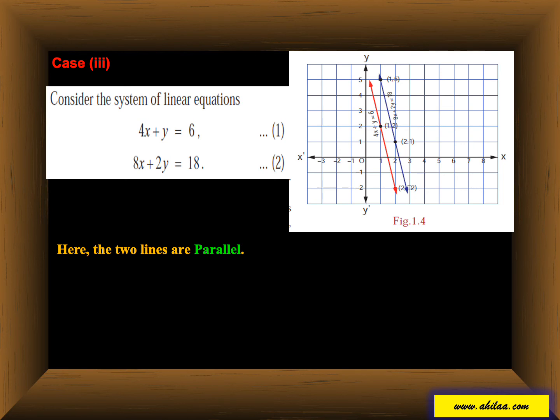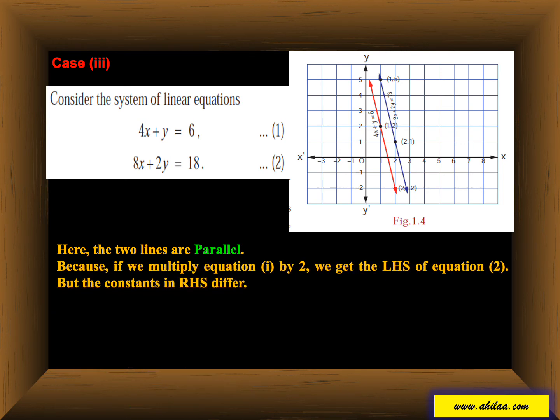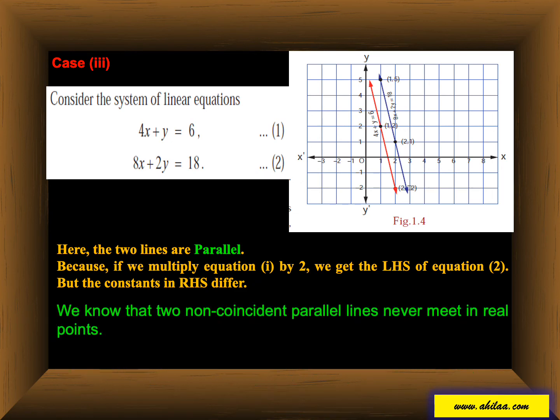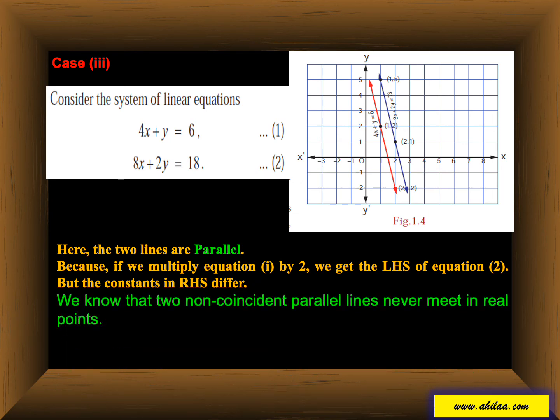Therefore, the two lines are parallel, because if we multiply equation 1 by 2, we get the left hand side of equation 2, but the constants in the right hand side differ. We know that two non-coincident parallel lines never meet in real points. Thus, the system is inconsistent and has no solution.